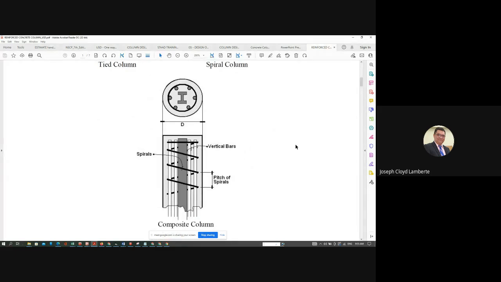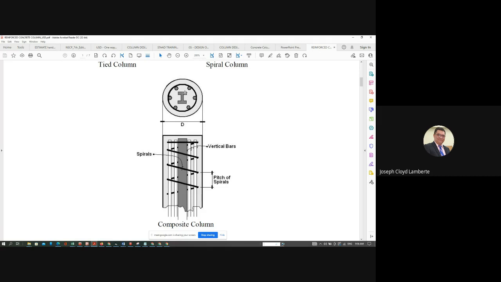So the composite is like this. The main longitudinal reinforcement is the steel shape. It is confined with concrete, no? Reinforced concrete. So it cannot be plain concrete.